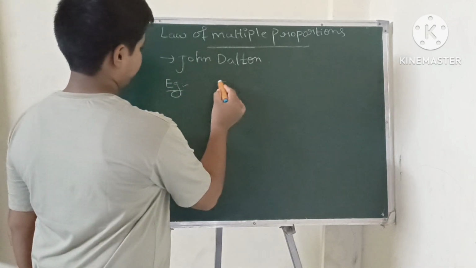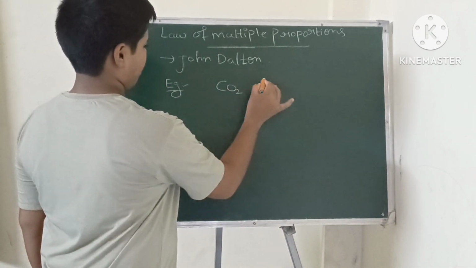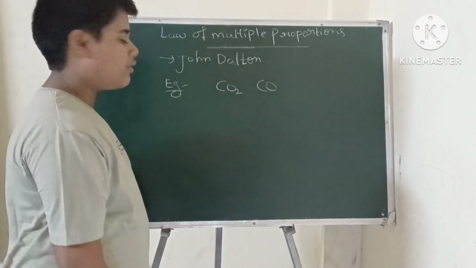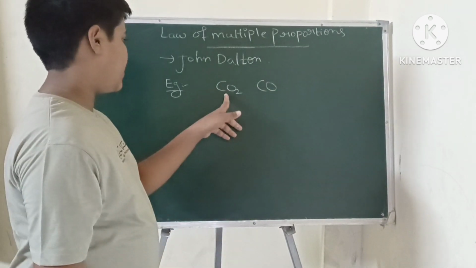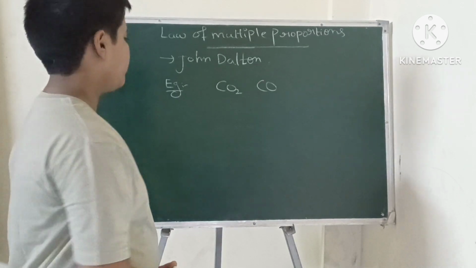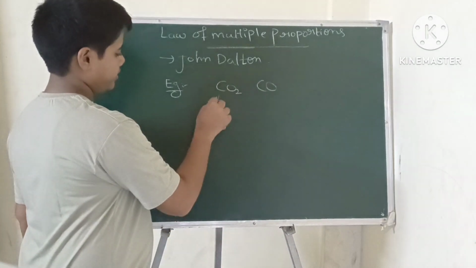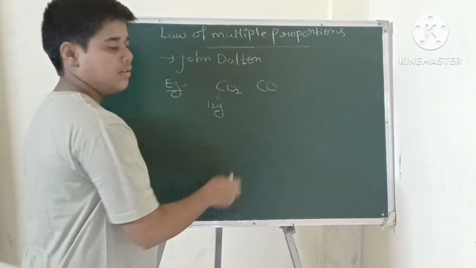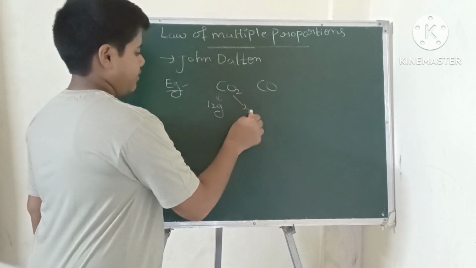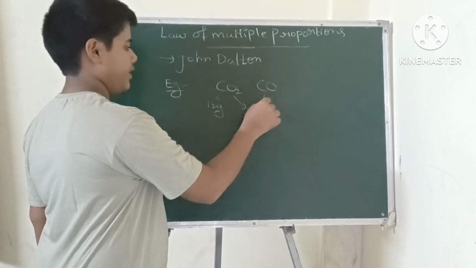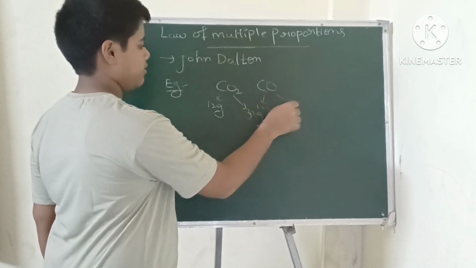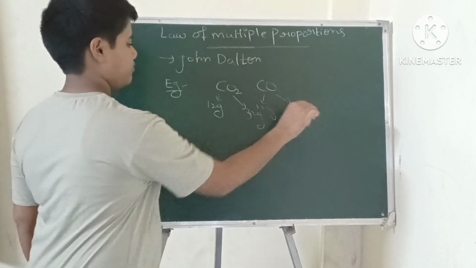So we have to take two compounds, CO2 and CO, carbon dioxide and carbon monoxide. In this, carbon weight is 12 grams, oxygen weight is 32 grams, carbon weight is 12 grams, and this is 16 grams.